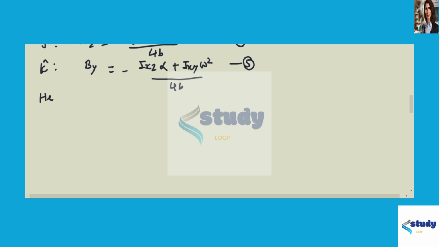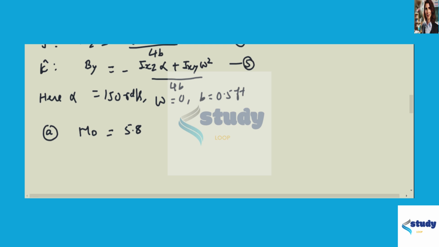Here given, alpha is 150 radian per second square, omega to be 0, b is equal to 0.5 feet. Ixz, Ixy, already we have calculated Ix. So answer of A part, MO. Substitute the value Ix into alpha. Already we have calculated 5.823 10 to the power of minus 3 into 150.